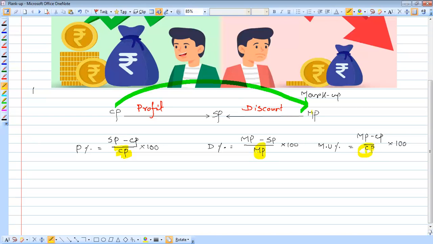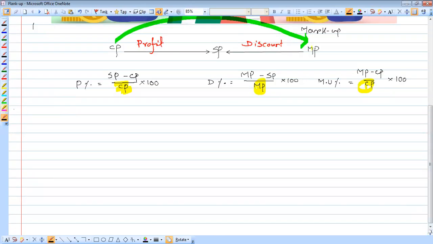Here I'll be discussing a concept which is very, very important for profit, loss and discount. I'll be discussing many concepts, so this is the first concept I'm going to be discussing. This is known as change of base, I can say.